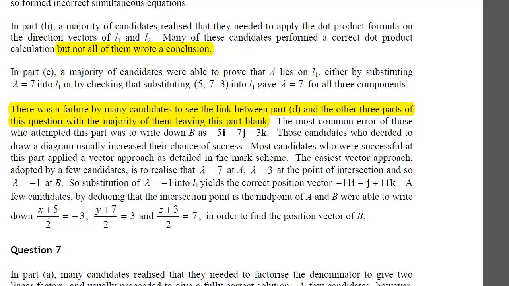The most common error of those who attempted this was to write B as this. Those candidates who decided to draw a diagram usually increased their chance of success. So it's a good idea when you do the sum to try to follow the story. And remember, this is a question that is not a concept of vector, but rather a concept of basic geometry.